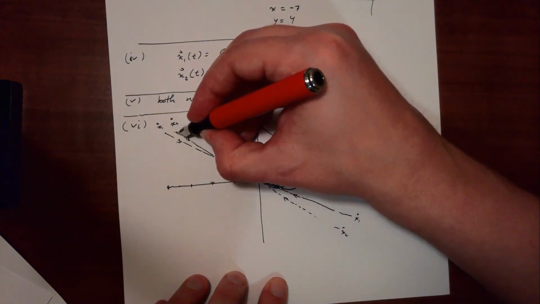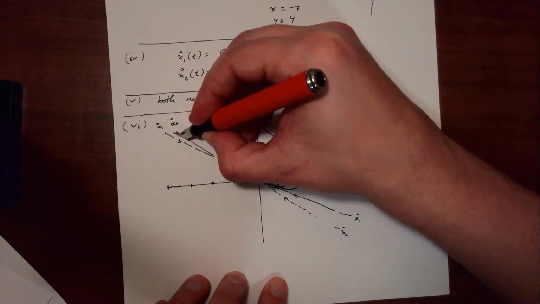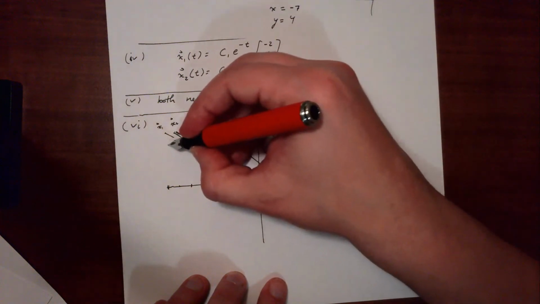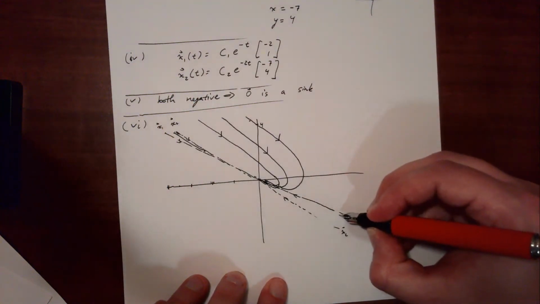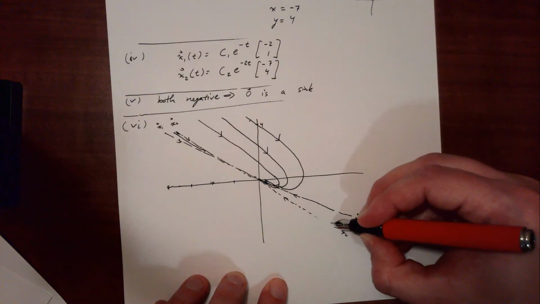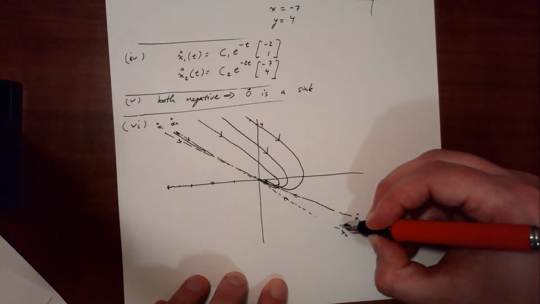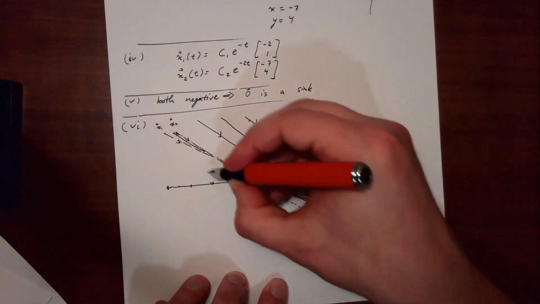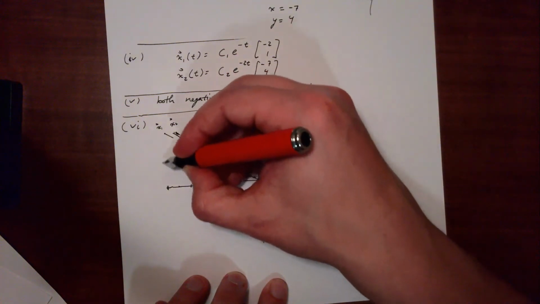So let's see what's going to be happening here. So here it's going to be going like this, and then it's hard to see exactly what's happening in between there. It's too close. Okay, so this one is coming in, and then so it starts off going like this, and then it comes in like that, I guess. And same thing over here.